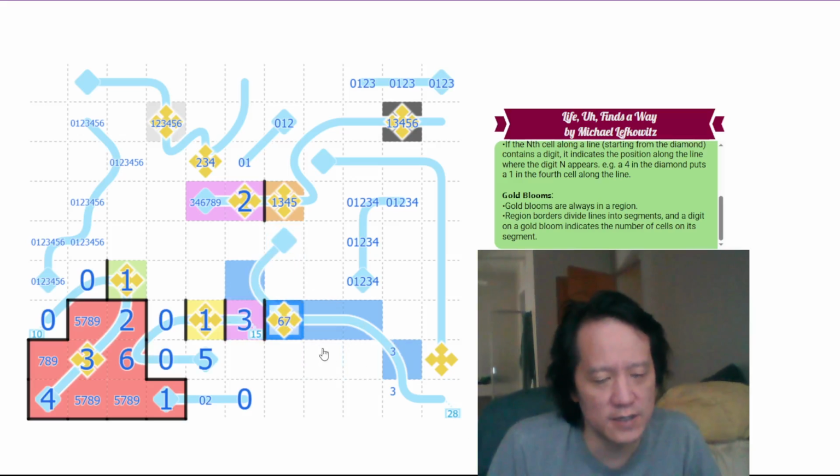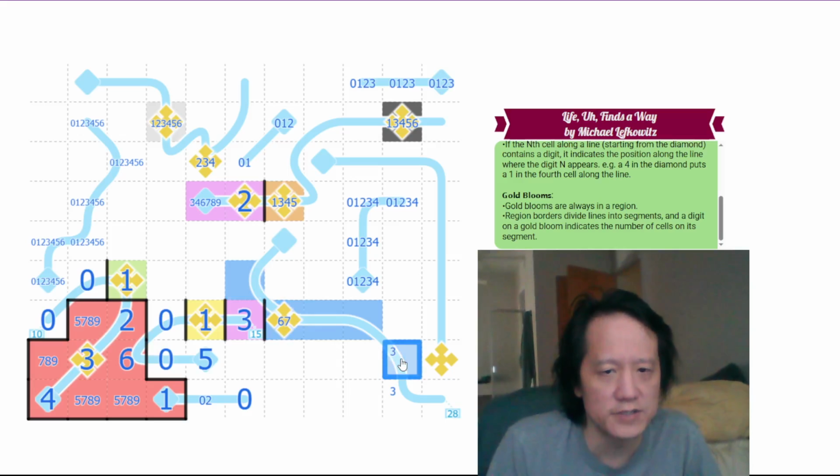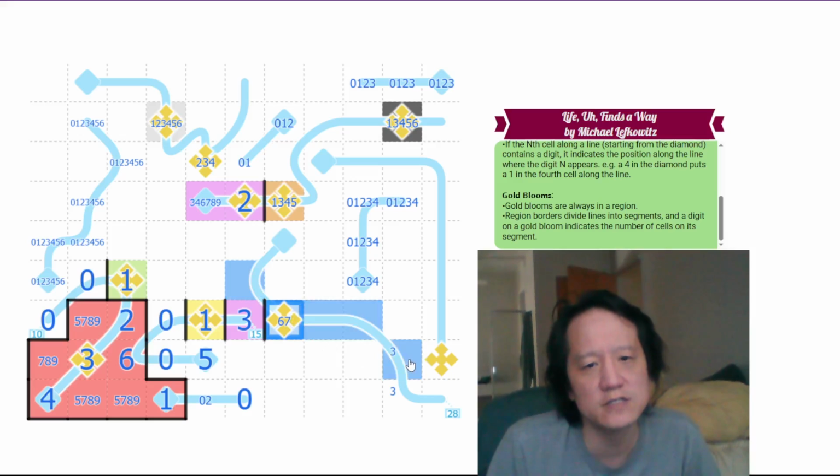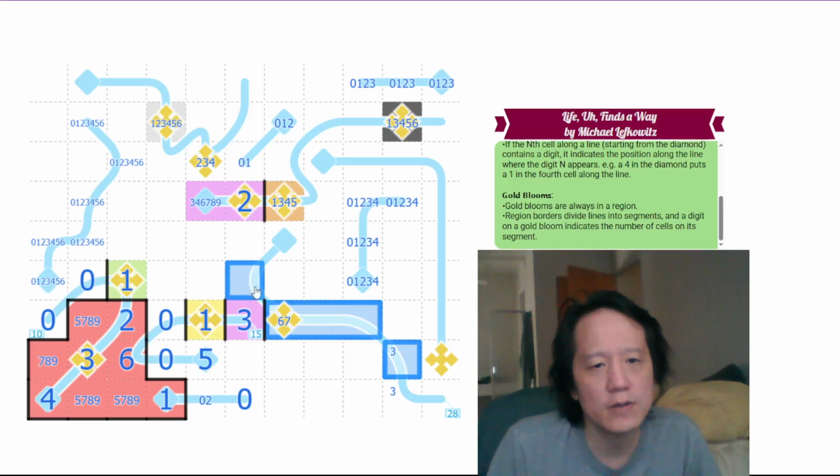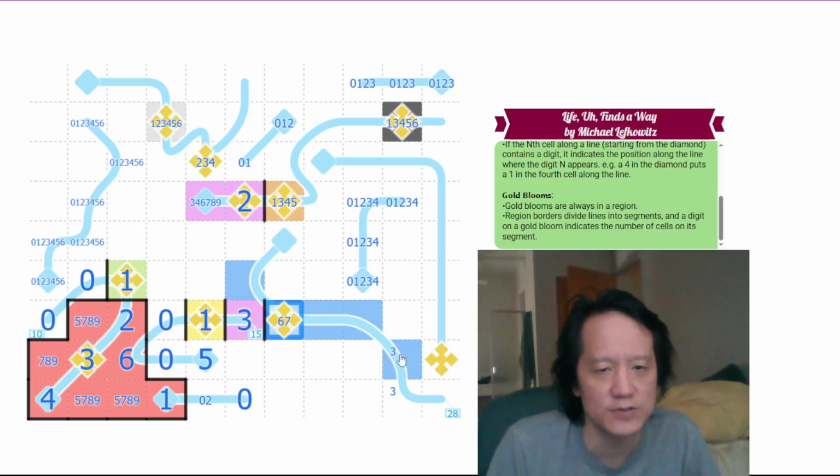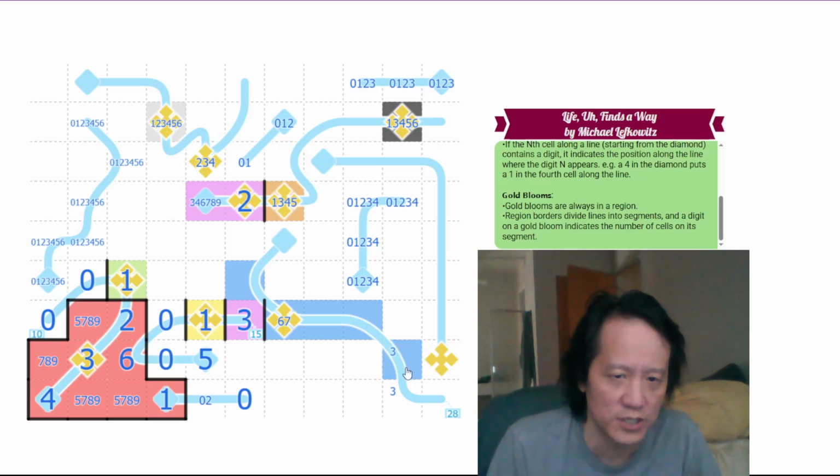If this is... So say the only way this is not the case. So blue is always part of this, going to contain this 3. If this is 6, this is 1, 2, 3, 4, 5, 6, but 3 has to be in the 6th position, which is here. So it's going to be part of that region.